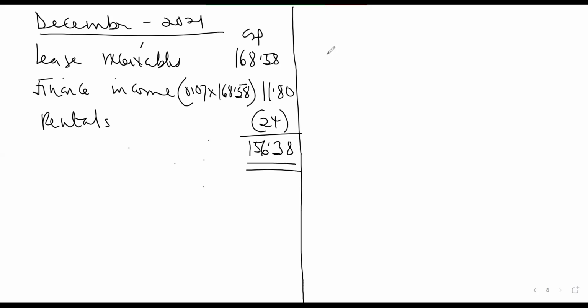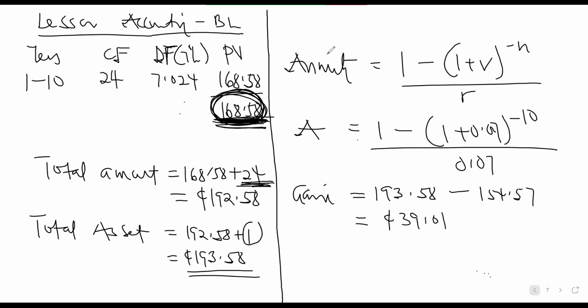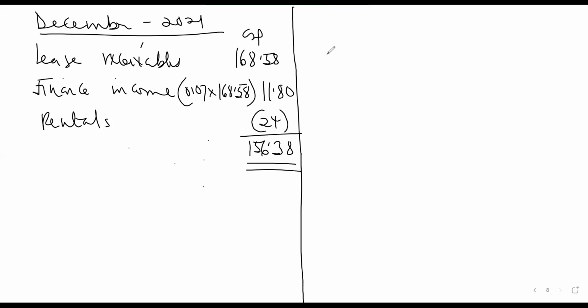But what will happen is that the direct cost, since it's a direct cost, which is not part of receivables, it has to be consumed over the what? Over the lease period. So you can do amortization of the direct cost. So that will also be amortized. If you are accounting for it as part of the PP, it will be part of the PP to be depreciated over the lease period. So we have the amortization of direct cost.